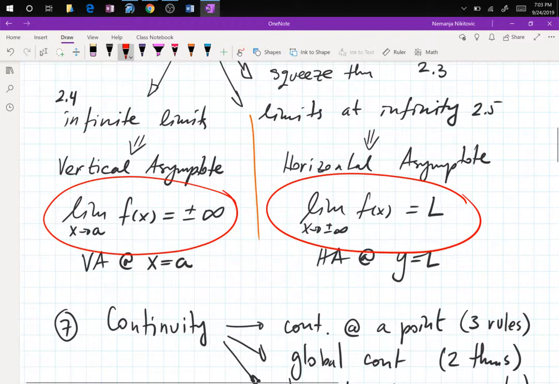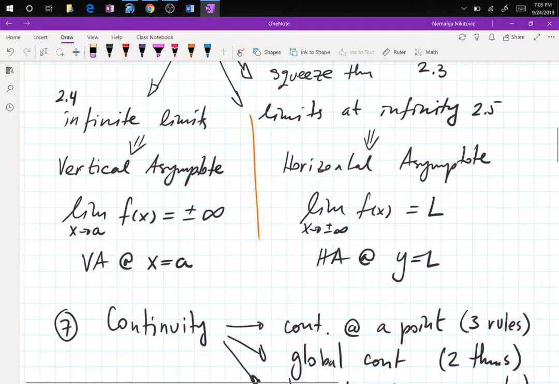If I say state the definition for the vertical and horizontal asymptotes, I'm looking for these formulas, not the paragraph of which exponent is bigger or denominator is 0. None of that stuff. In calculus, we only care about definitions and theorems, and these are the two definitions. Here's the vertical asymptote definition. You are going to a finite number, it spits out infinity.